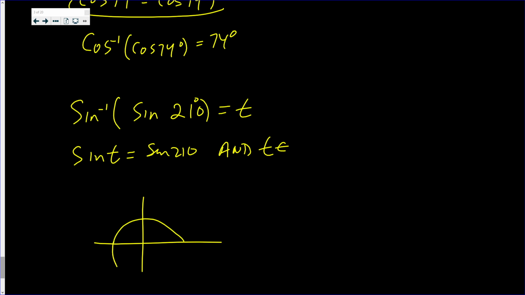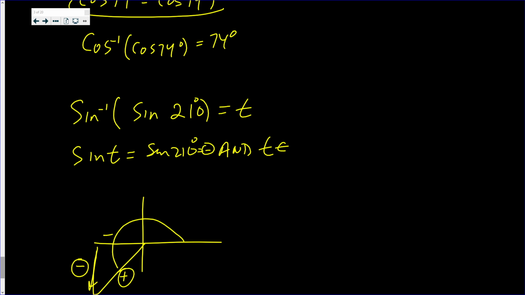That's 180 and some more. The opposite is negative because it's going down. Adjacent is negative. Hypotenuse is positive. The sine of 210 is negative. It's opposite over hypotenuse.